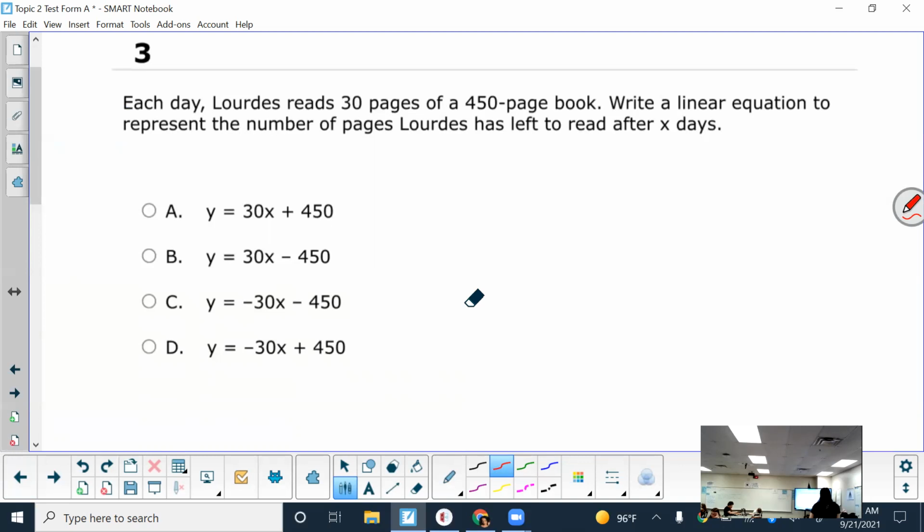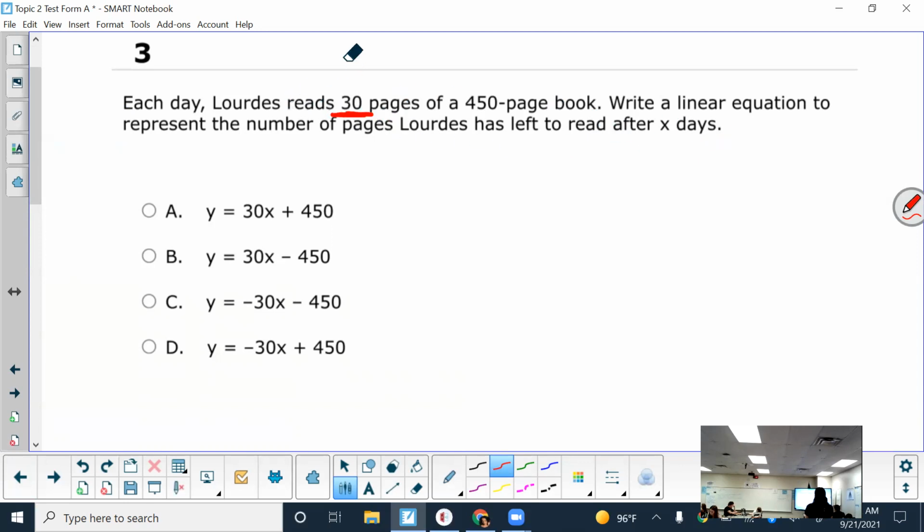Your slope is always something per day or per week or per person. So is that going to be the 30 or the 450? The 30, right? Because she needs to read 30 pages a day.